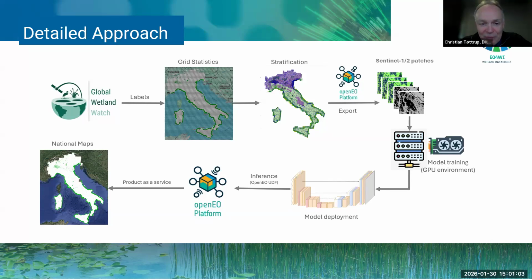But our suggestion and hope is that it is sufficient to provide the initial labels to train an optimized model, which can be complemented by users' own data when available, and then we can generate these national training data sets together with the required multi-sensor satellite input data and ultimately train a nationally optimized model.